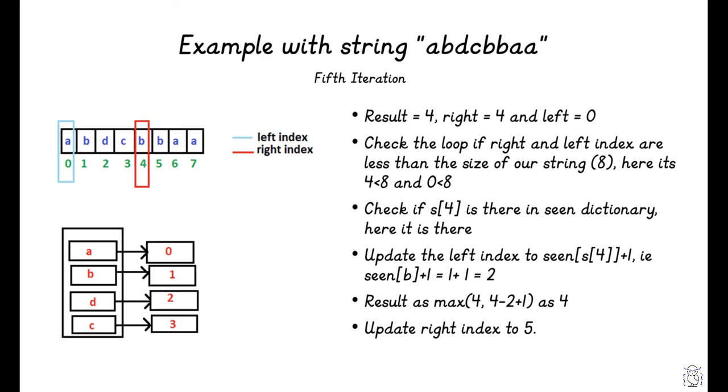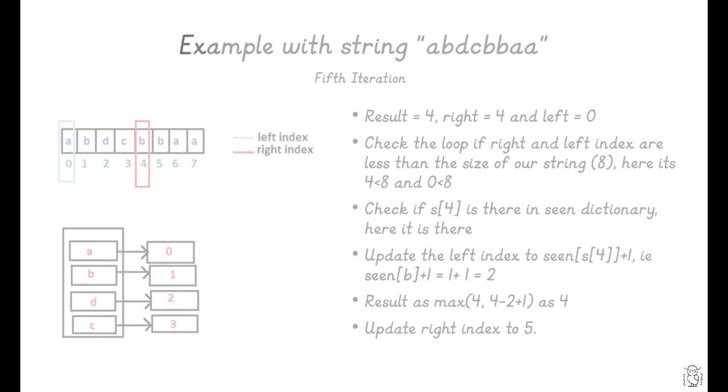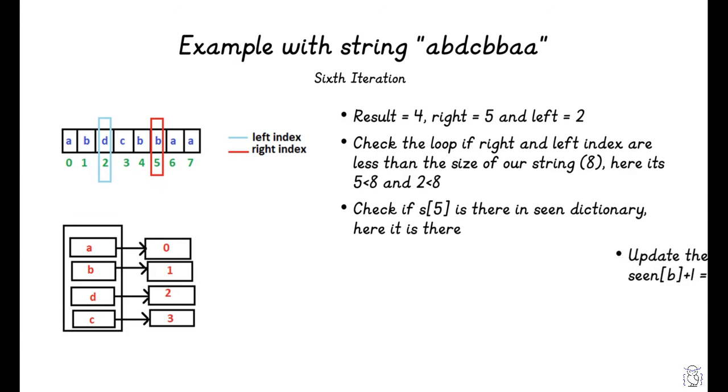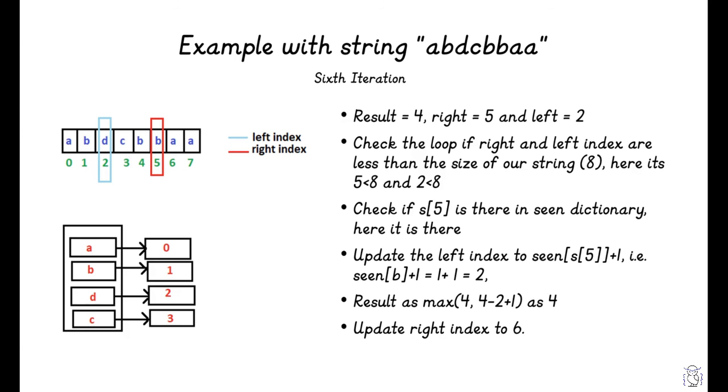Since B is there in the seen dictionary at the index 1, we update our left index to 2, then calculate the result as max of 4, 4 minus 2 plus 1 as 4, and then update the right index to 5.